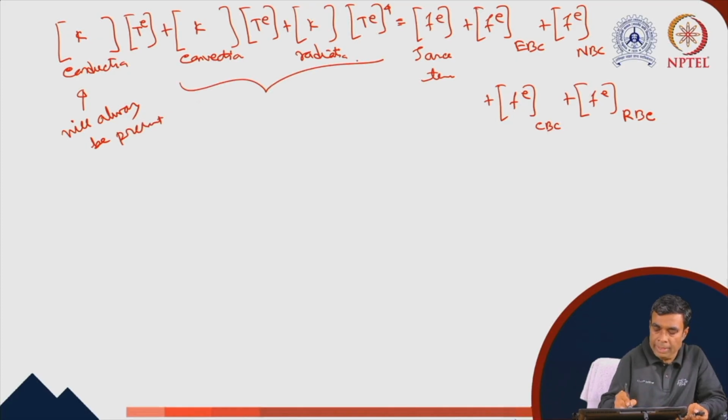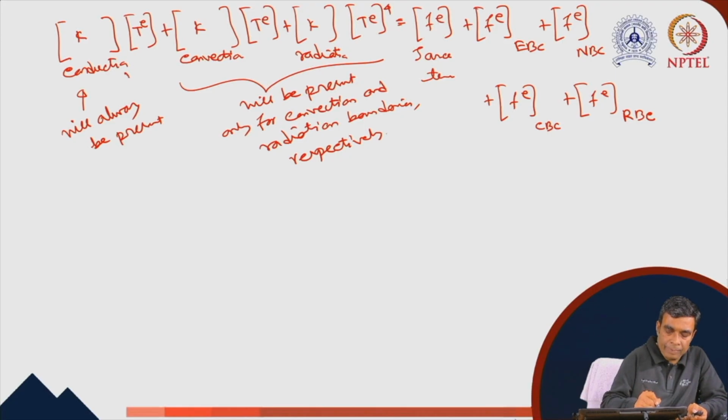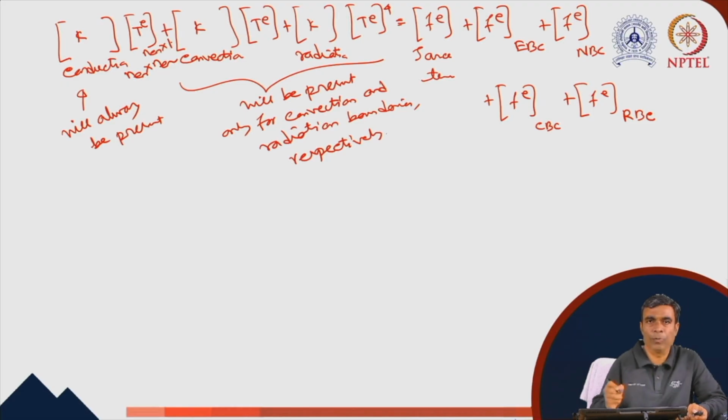This convection and radiation matrix will be present only for convection and radiation boundaries respectively. Okay, now the size of this element level matrix, they will be NEN by NEN. The vector is NEN by 1.